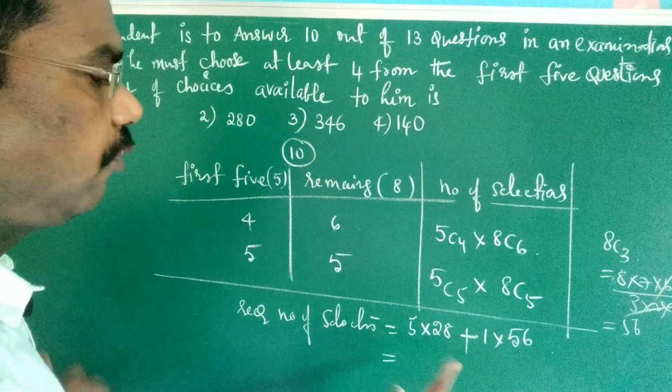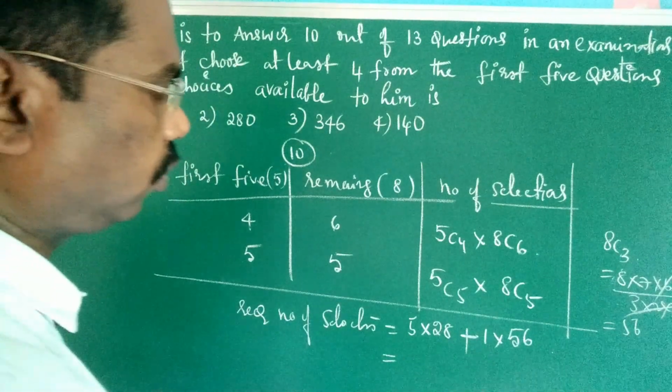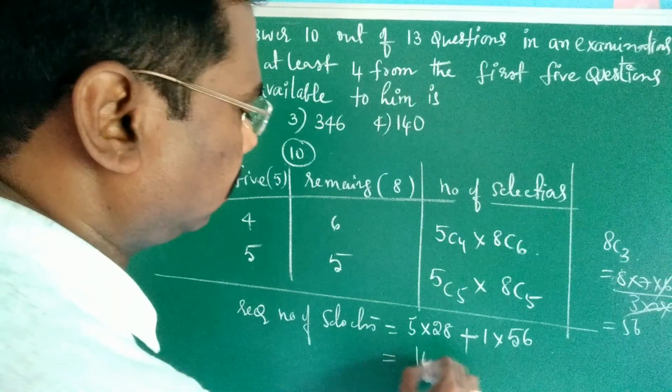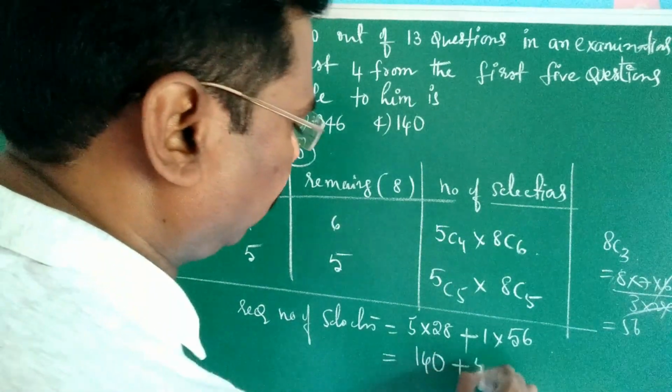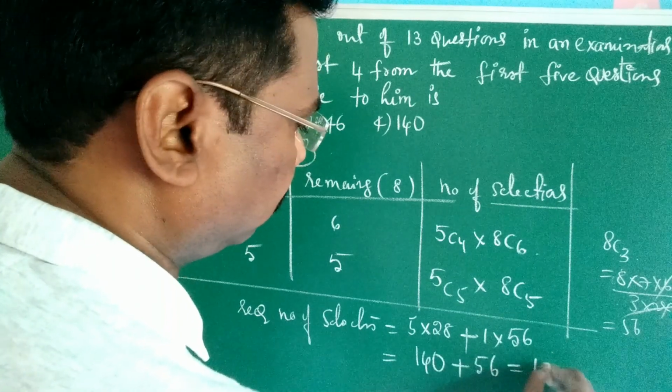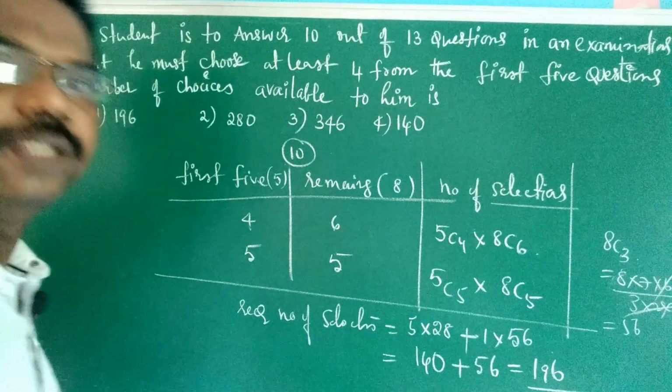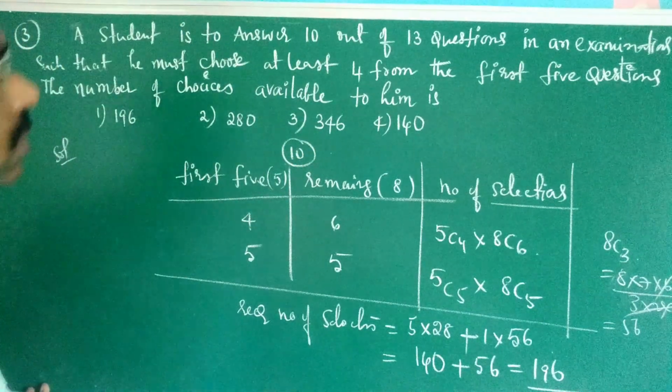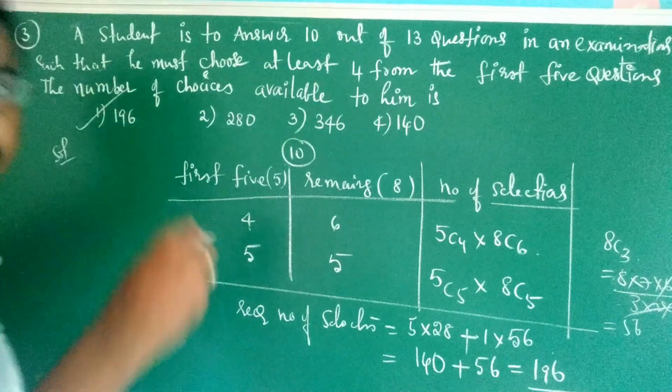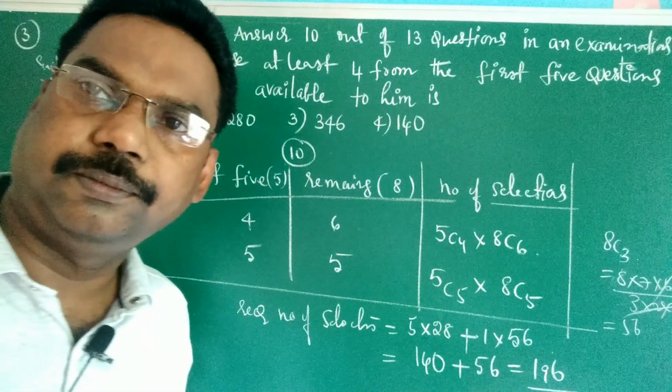Therefore, 5 into 28 is 140, plus 56 is equal to 196. Therefore, option 1 is the correct one.